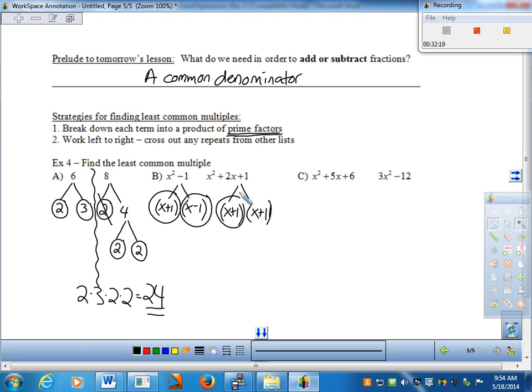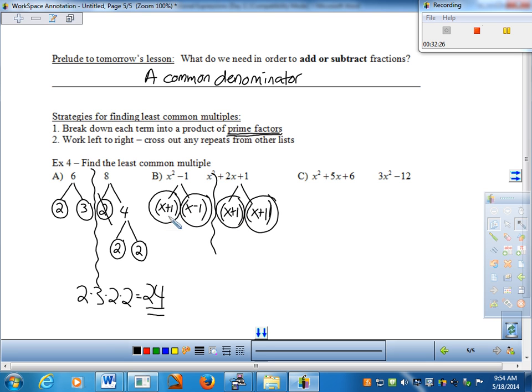Nice, and circle both. Looks good. So at this stage, I put my little vertical curtain, 2 different lists, and then I just go ahead and work straight across here, left to right. And if I take one that happens to be in the other list, then I cross out the redundancy.